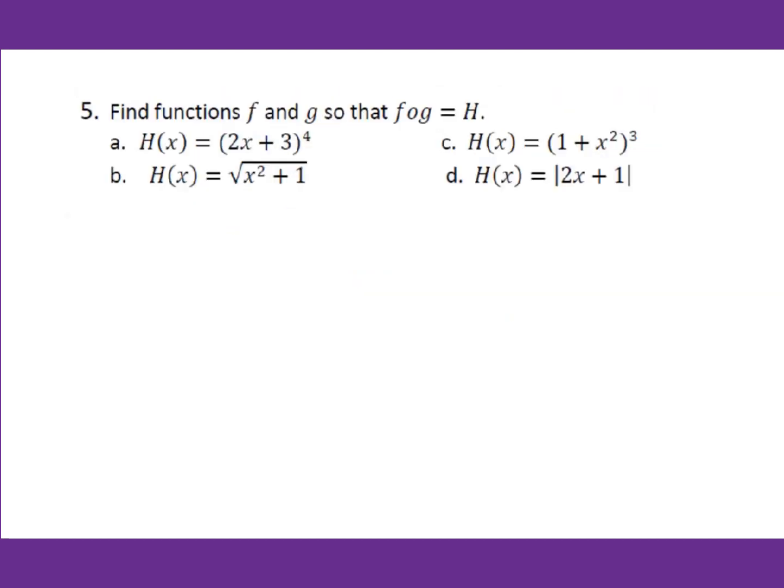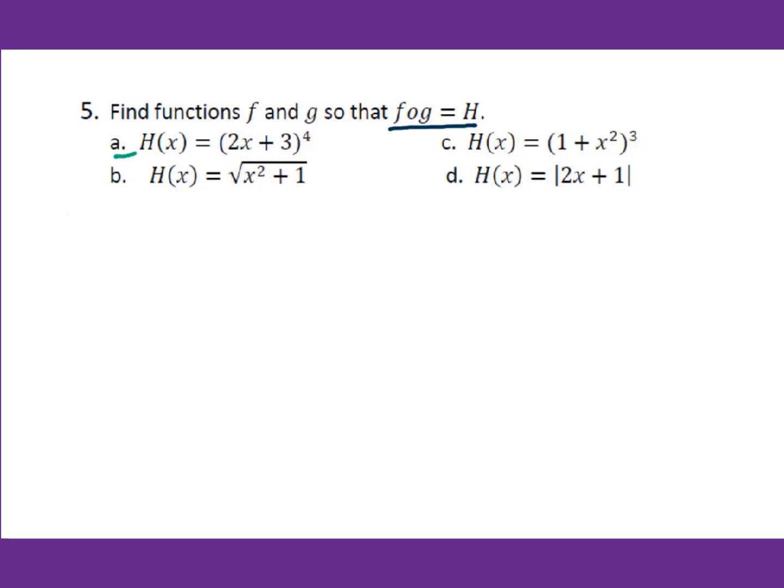For number 5, find functions f and g so that f of g equals h. In the future, when you do the derivative, this will be useful. First of all, just check what's the parent function.